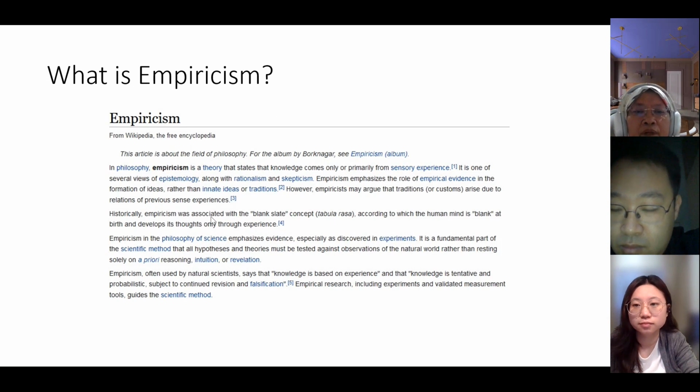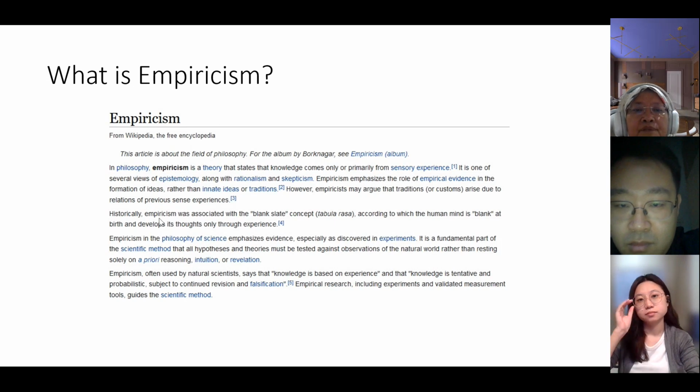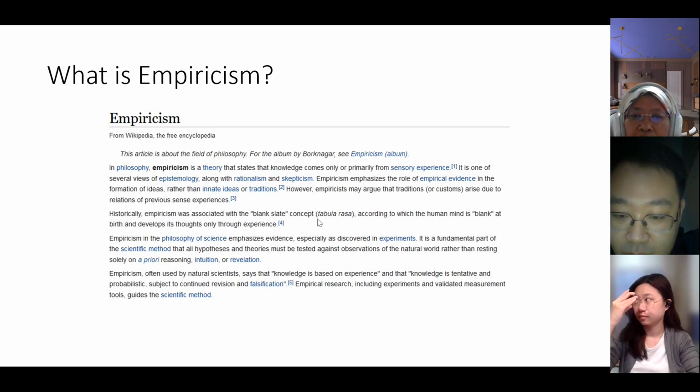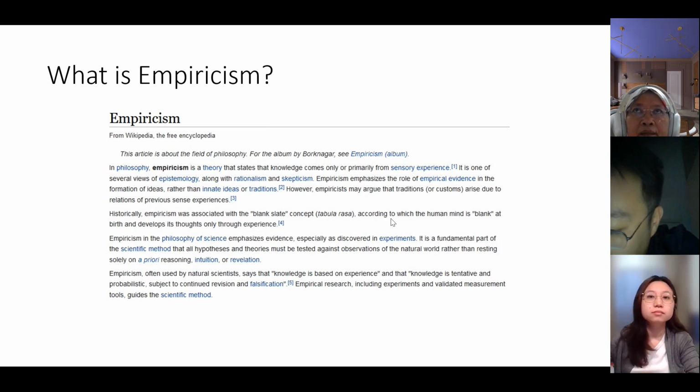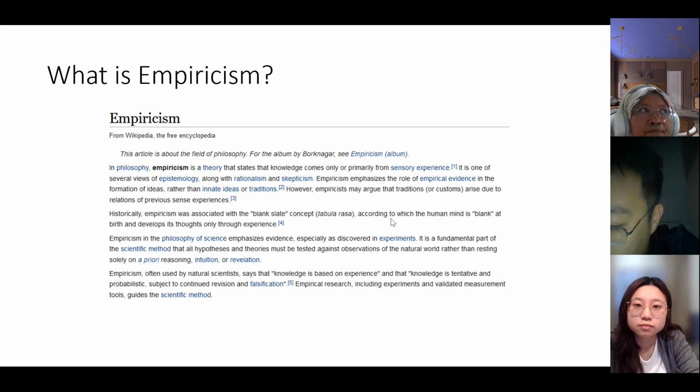So when we talk about language acquisition, the behaviorists assume that all children are born with a blank slate, tabula rasa, and the environment and people around us help to develop our thoughts through experience.